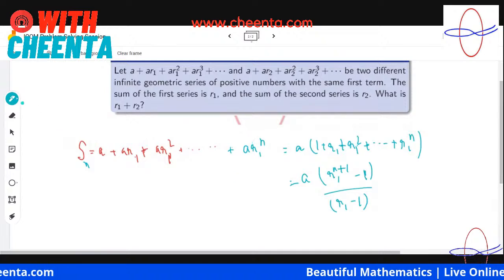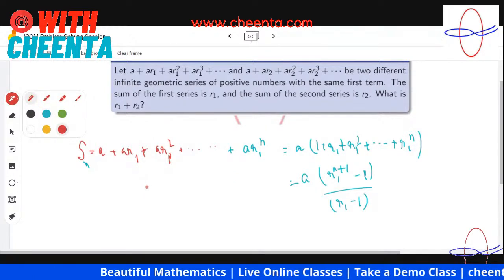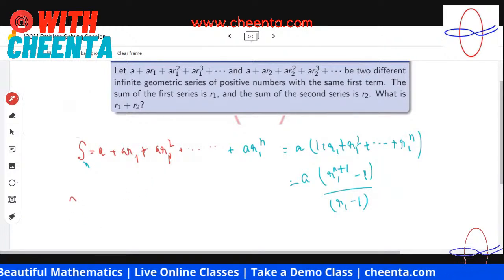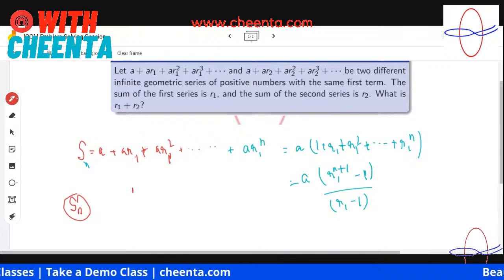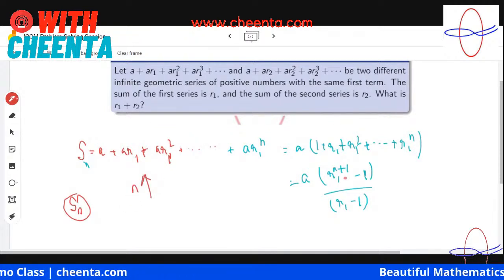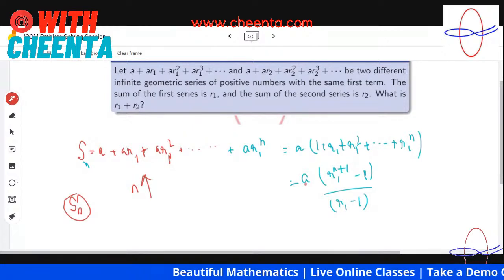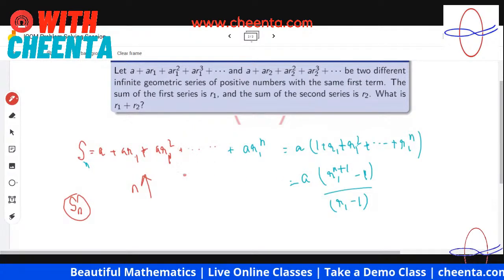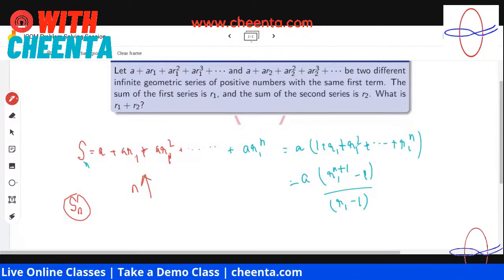Now observe very carefully: if you take the sequence Sn and keep increasing n, this will go to infinity. Suppose you take 1.5 and keep increasing n, it's becoming more.